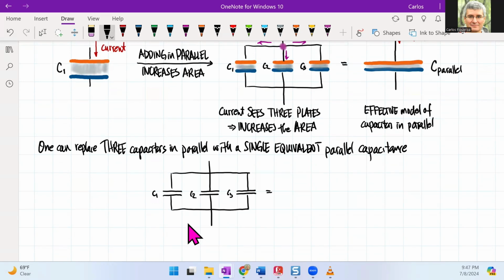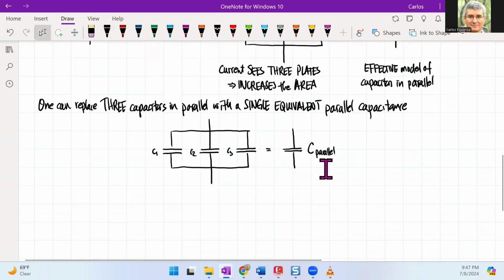I can replace this with a single capacitor, which is now C parallel. That's the equivalent capacitance here. Now the question is, how can I replace this with one equivalent capacitance?